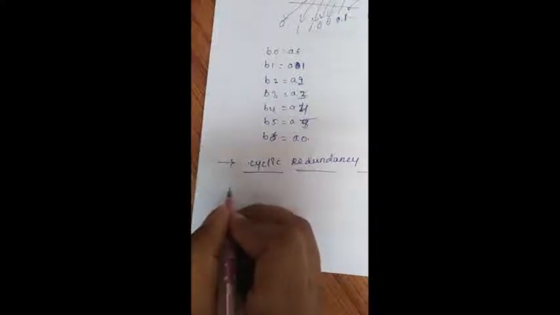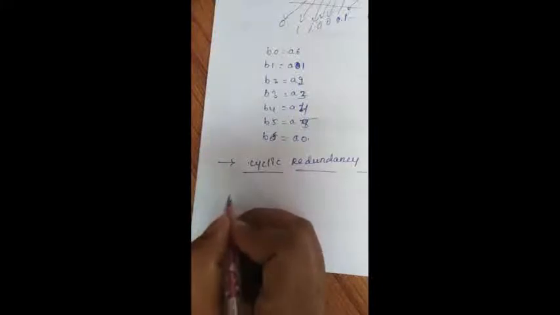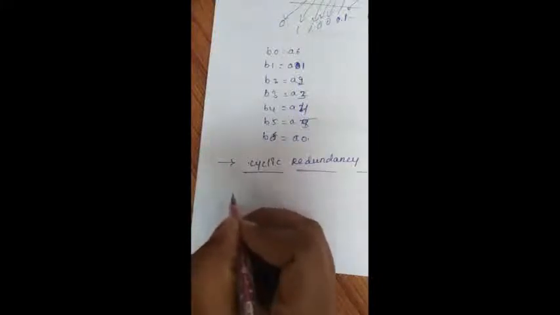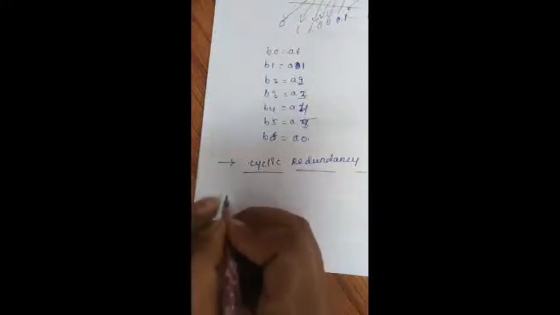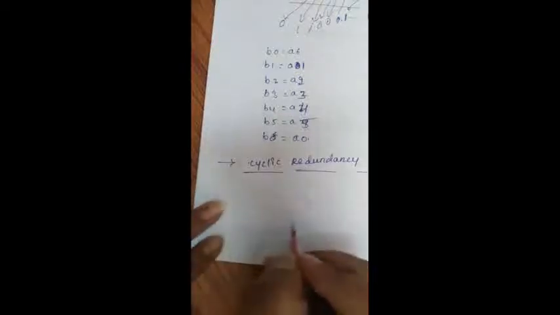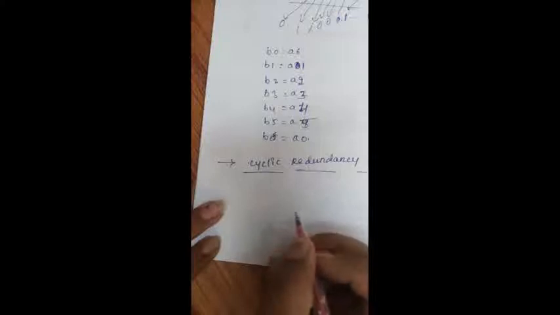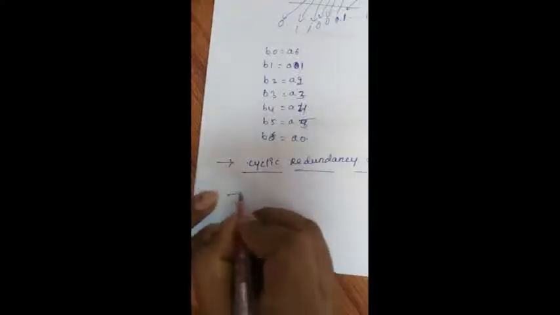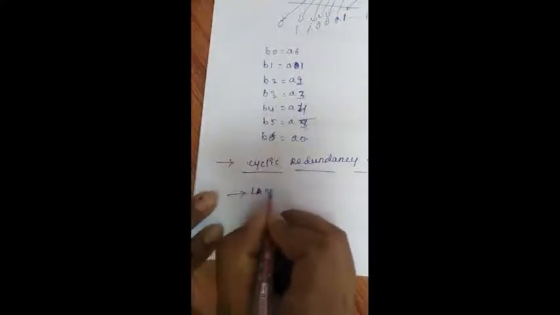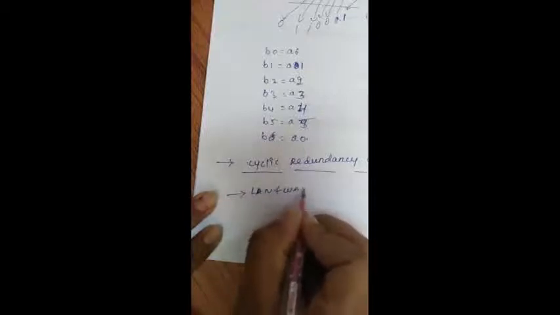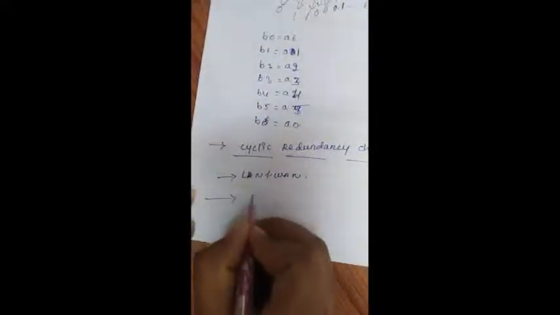It is a category of cyclic code designed to detect and correct errors. We use it in LAN and WAN networks. In the cyclic redundancy check we also use an encoder.